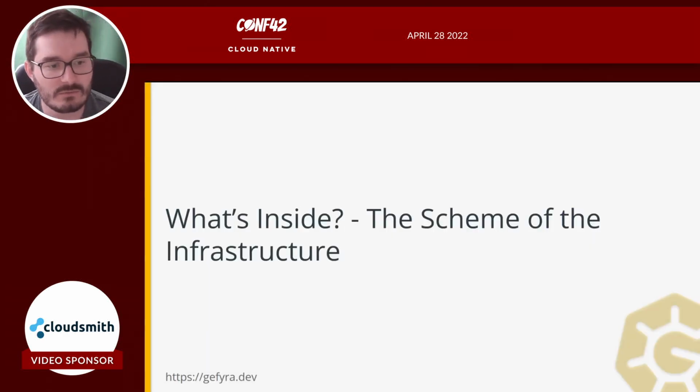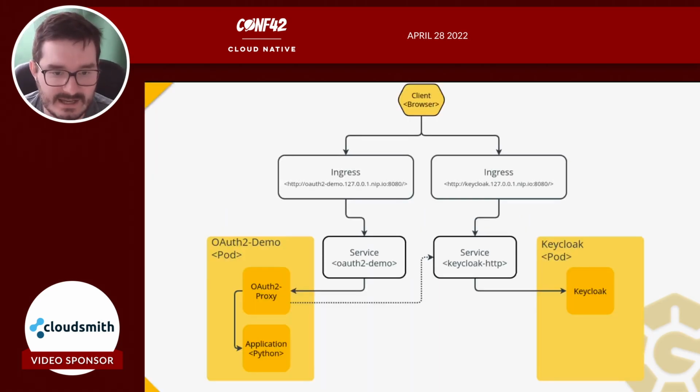Wonderful. So what's inside of my example? I have at least 2 local domains running in order to establish the OpenID Connect flow. I have on the one hand the OAuth 2 demo domain. I am using nib.io here on port 8080 in order to serve my OAuth 2 demo, which is created with the sidecar pattern.